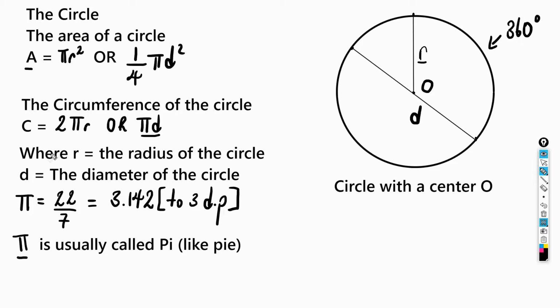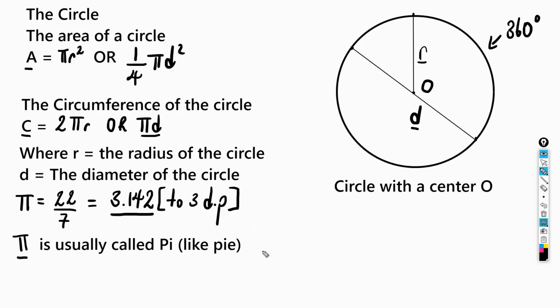So here, r is equal to the radius of the circle, d is equal to the diameter, which we explained, and pi is equal to 22/7, which is equal to 3.142. I would advise that when you're calculating the area and the circumference, just use 3.142 as pi, put it in your calculator, and calculate the circumference or the area.